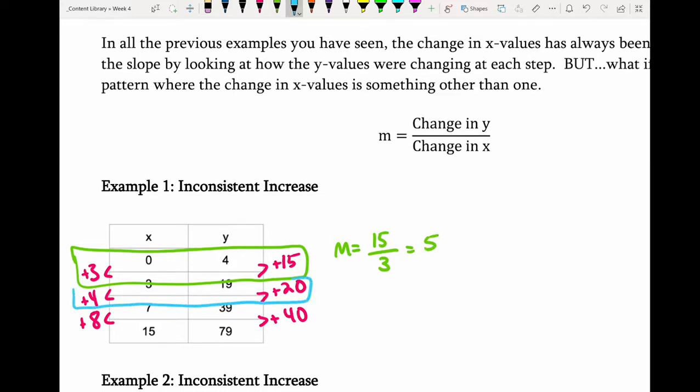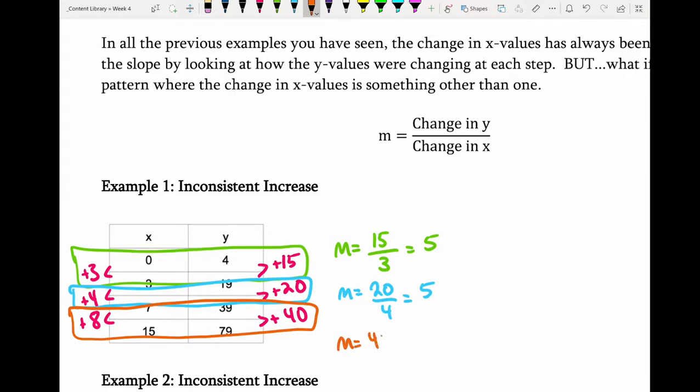If I look at the next pair of points, for my m value, the change in y is 20 over 4, which also equals 5. And then finally, the last one, the change in y is 40 over the change in x, which is 8, which also equals 5.